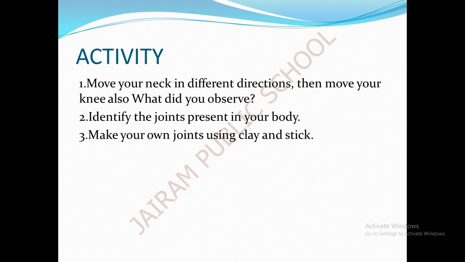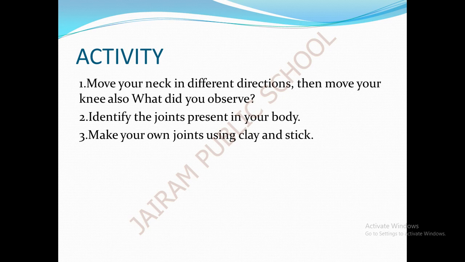The second one is, identify the joints present in your body. For this question, you should keep your hand on each joint and identify what type of joint it is. For example, if I keep my hand on my elbow, I can identify it is my hinge joint.